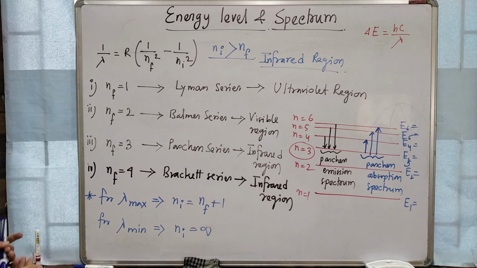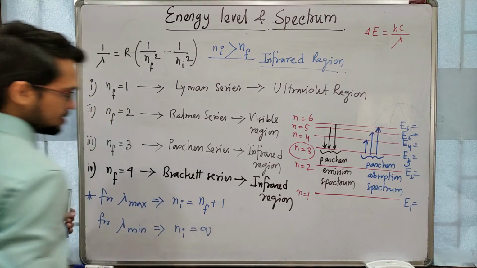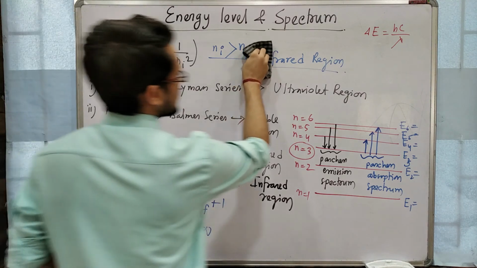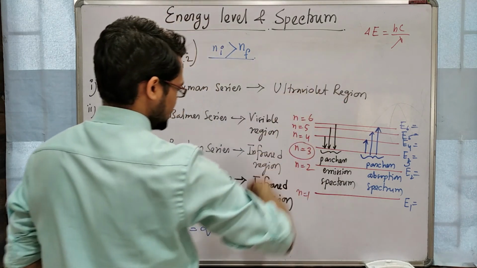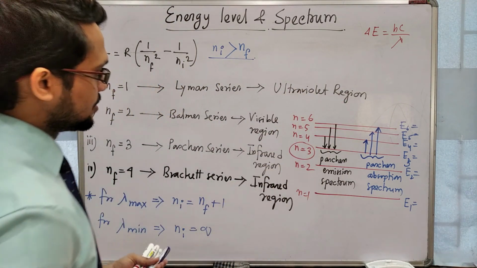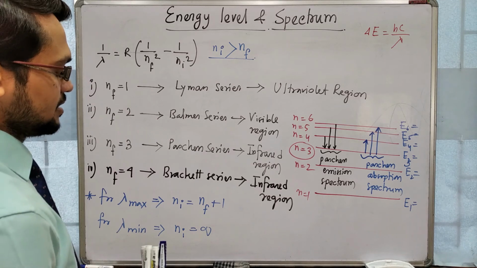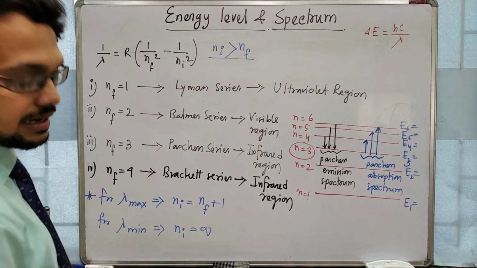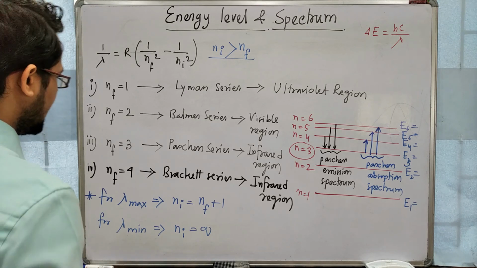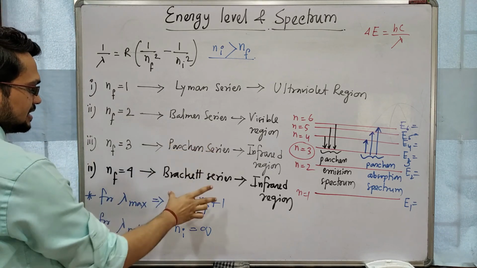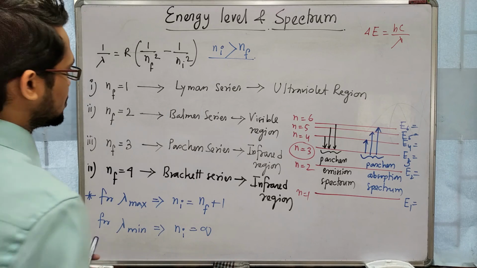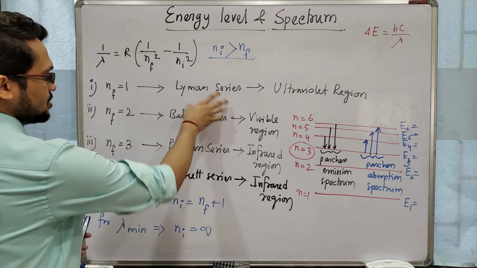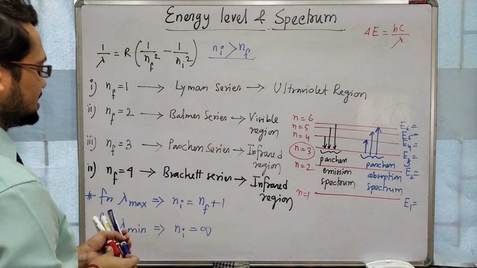Here is a small point related to these wavelengths. We know that the wavelength for infrared is more than visible, which is more than ultraviolet. So the wavelength for the Paschen and Brackett series will be more than for the Balmer series and also the Lyman series.